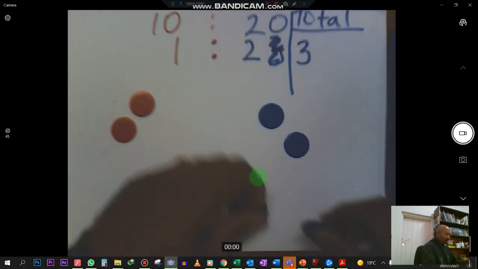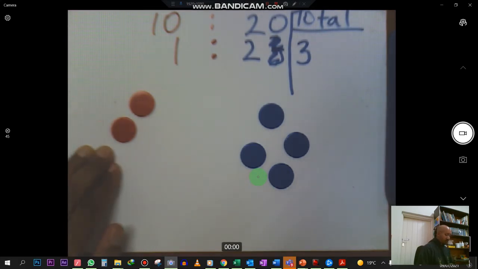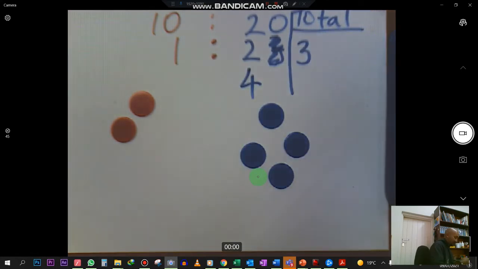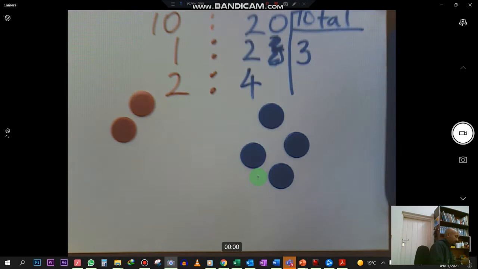Correct. I would have to add another 2 blue counters, which brings my total share to 4 plus 2. I've now got 2 red to 4 blue. My total share is now 6.